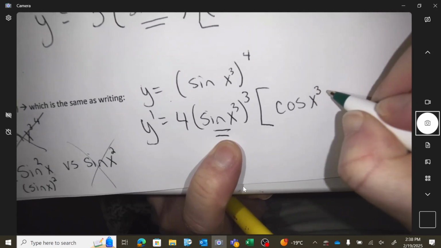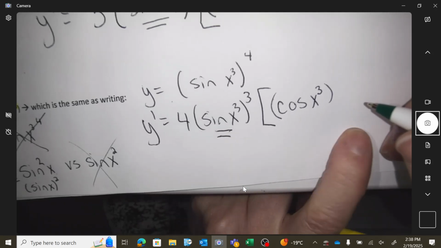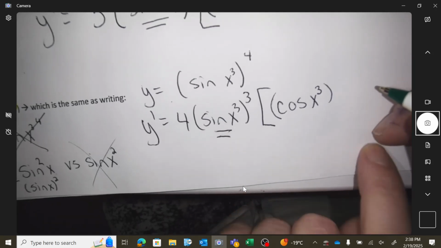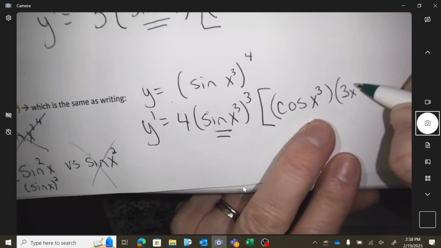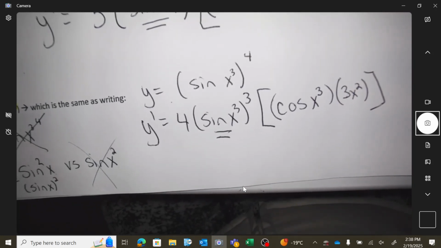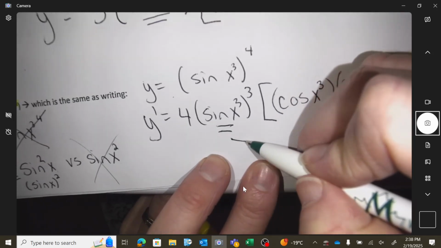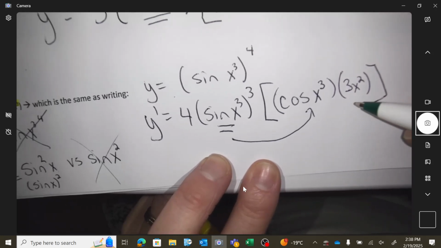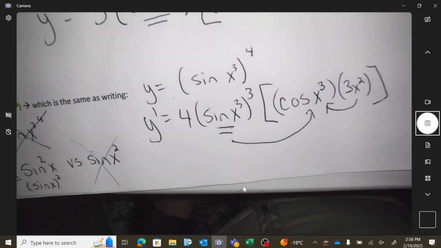Cos x cubed. Attach the derivative inside the trig. So there's chain, attach it, okay?